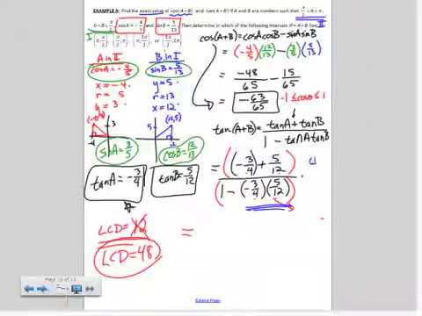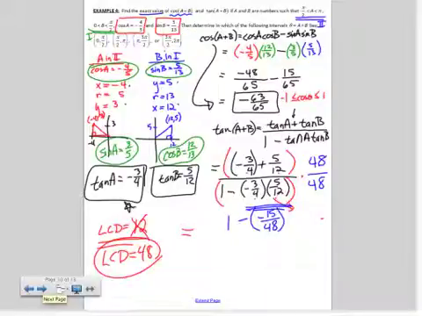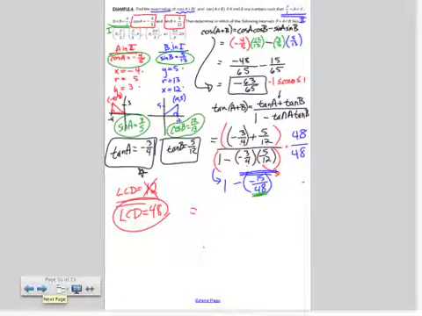So now we're going to multiply by 48 over 48, because actually what you have here is -15 over 48. So we have 1 minus a -15 over 48 right there, and that was our clue that we needed to use 48. Okay? So here we go. Ready? Distribute, Ms. Miller. Okay, 48 divided by 4 is 12, times 3 is 36.